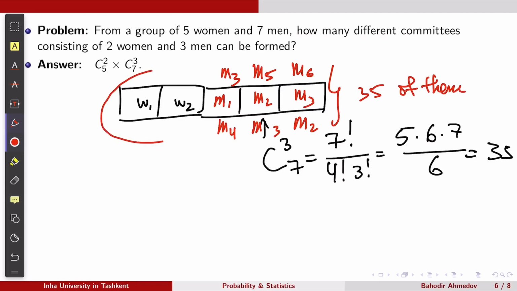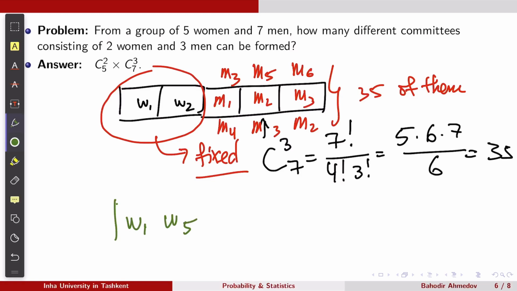When the committee for the females is just fixed, so you have chosen the first female and the second female, you have 35 different options for males. So it is basically 35 different options when we fix the females. Now, if you choose another set for the females, for example, not female 1 and female 2 but female 1 and female 5, how many different committees is it possible to create with just these 2 females?